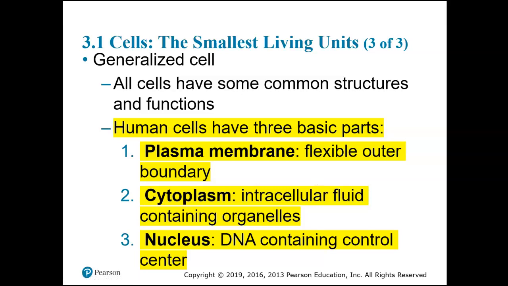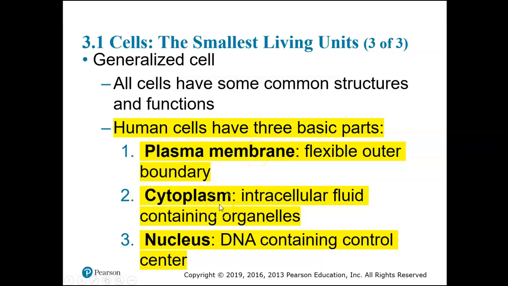But all human cells have 3 basic parts. All human cells have a plasma membrane, which is the outer covering of the cell. It's composed primarily of a double layer of phospholipids with proteins and cholesterol scattered throughout the phospholipid bilayer.